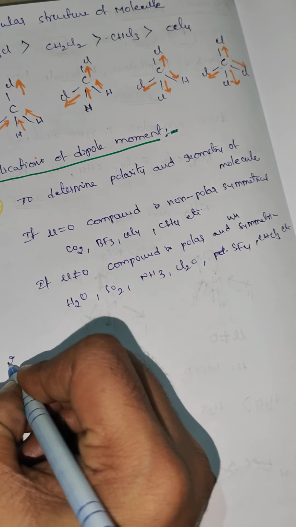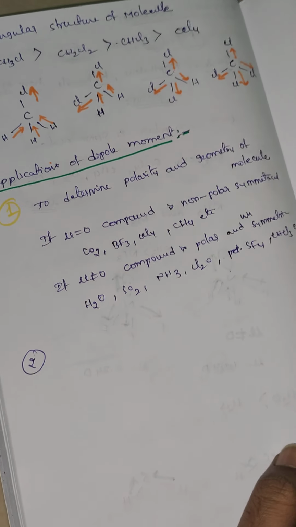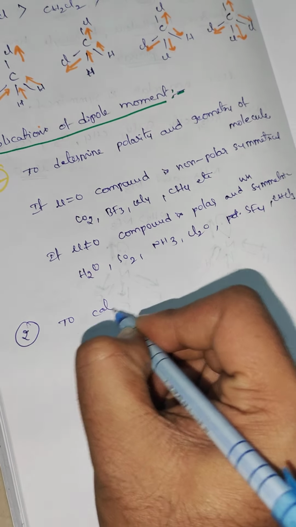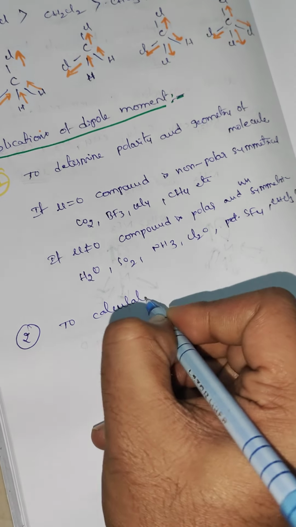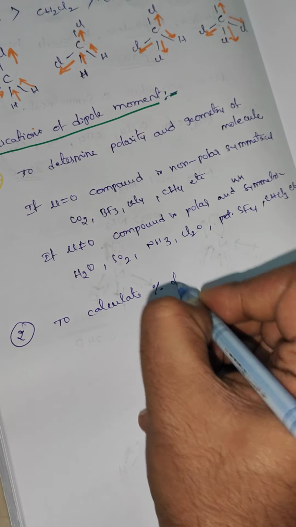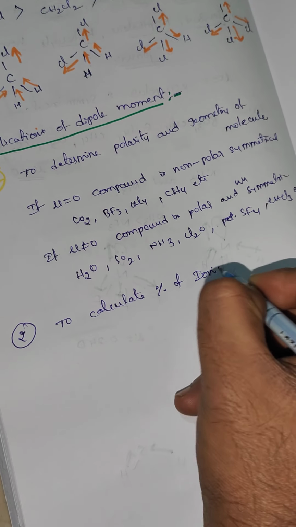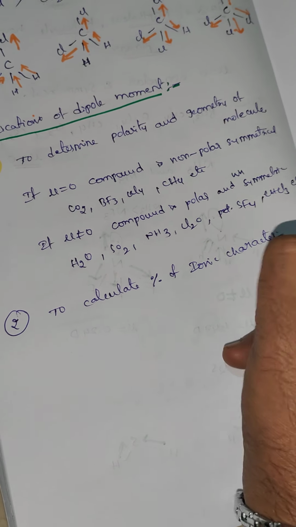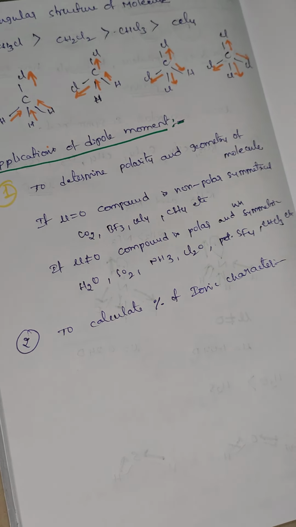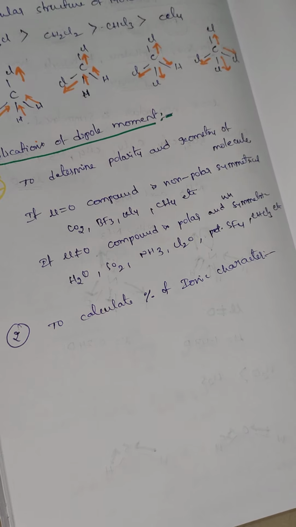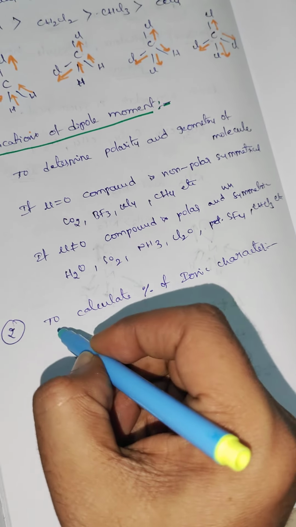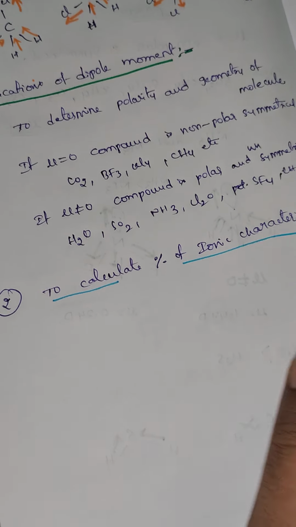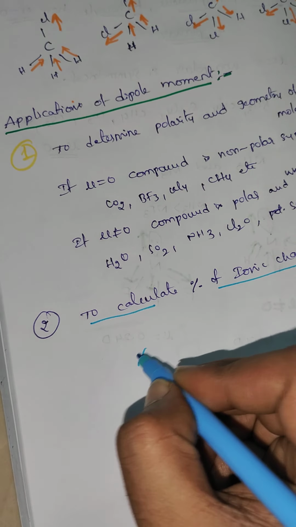Second application: to calculate the percentage of ionic character. How to calculate it?